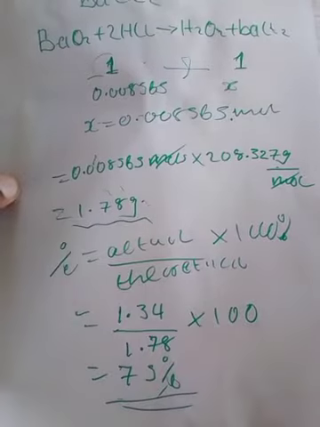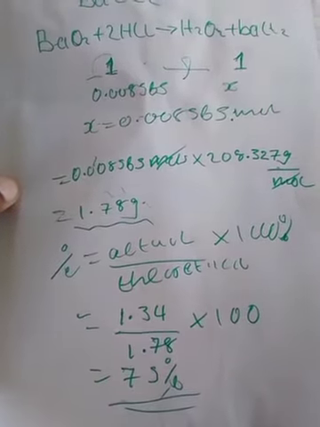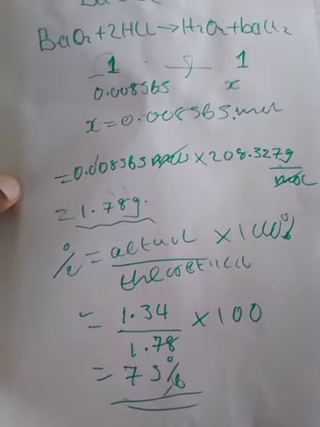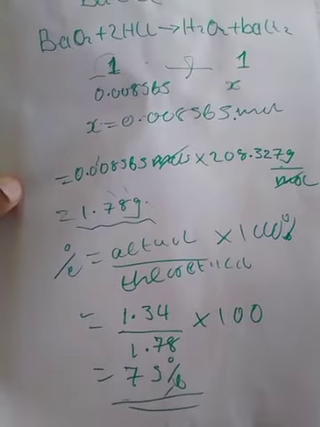So this is how you find the percentage yield, and I hope that you have understood. I think this is all for this video, and make sure that you try to solve more questions from the past papers, applying the concept that I've just taught you.